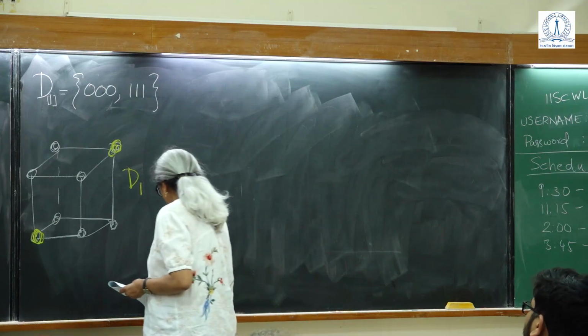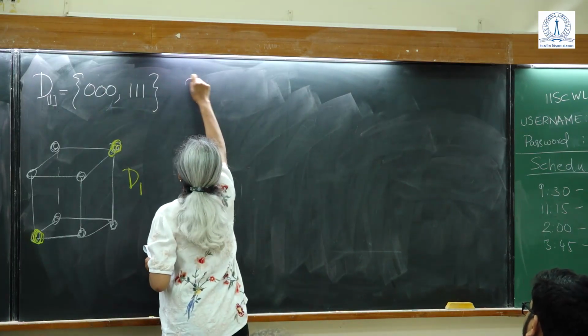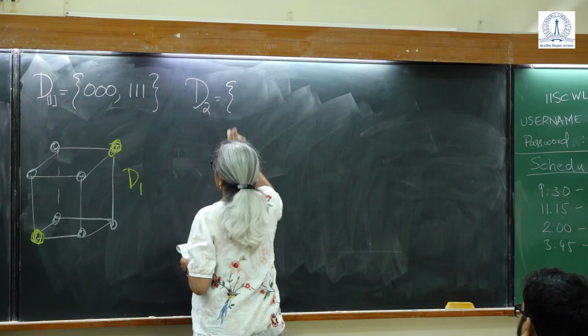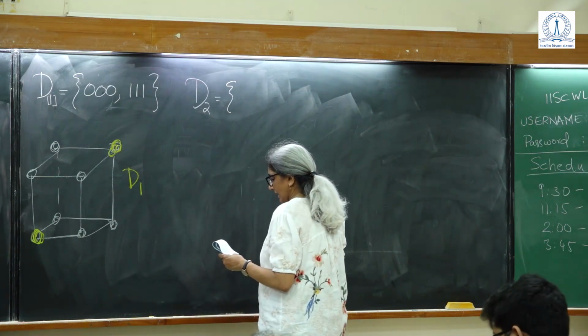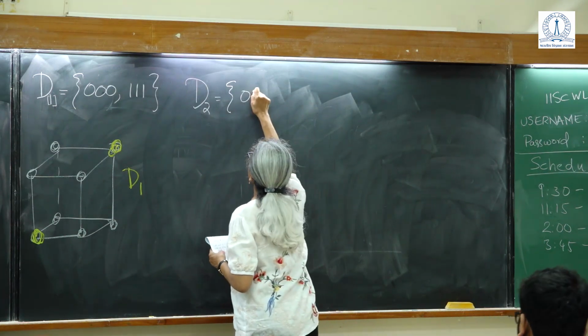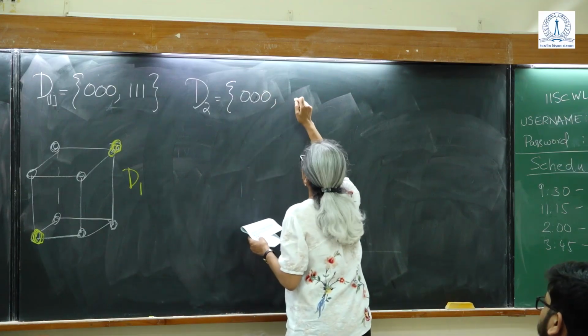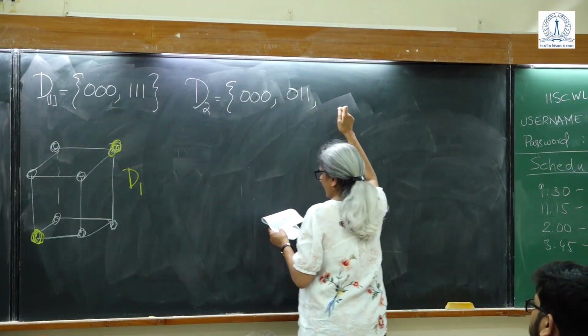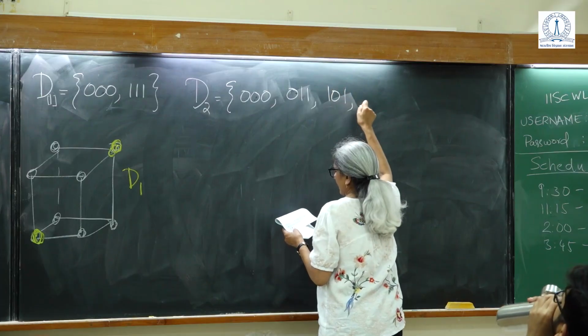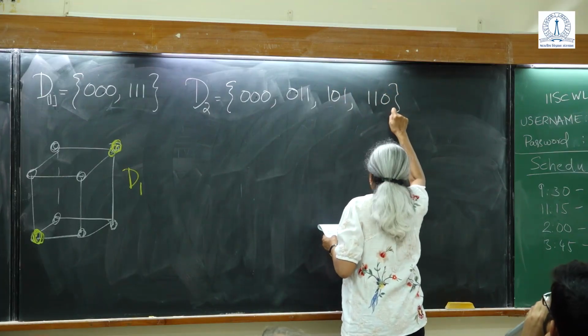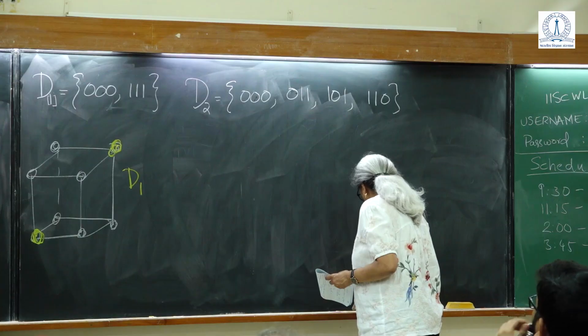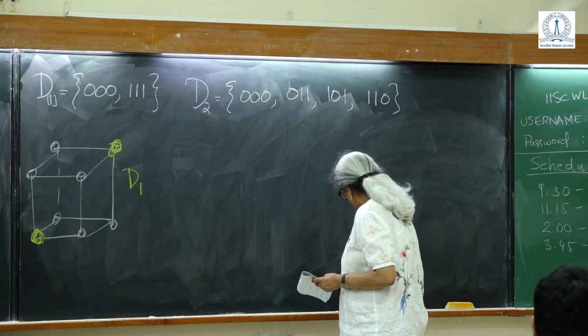Okay, here's another one. So D2, I want to take it to be something else. I want to take it to be 0, 0, 0, and 0, 1, 1, and also 1, 0, 1, and 1, 1, 0, okay? So I'm going to draw it into the same picture with a different color.